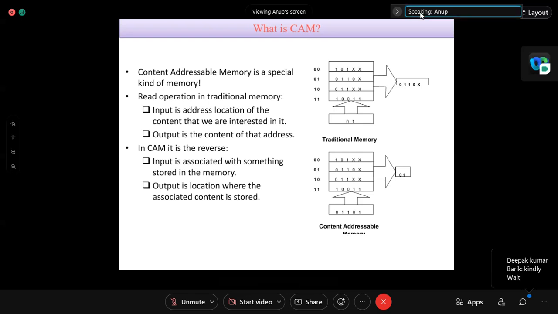Content addressable memory. In memory, if we give some content, it will compare with the stored content. Let's say I am looking for a solid state device book.